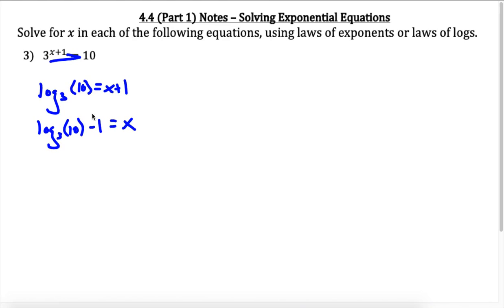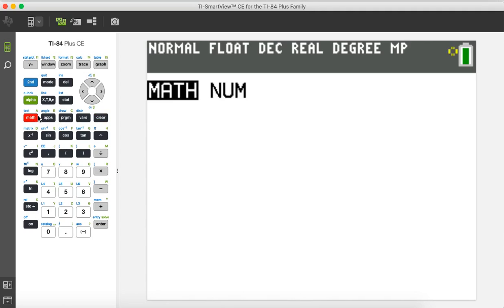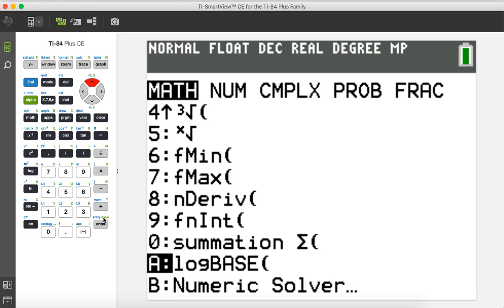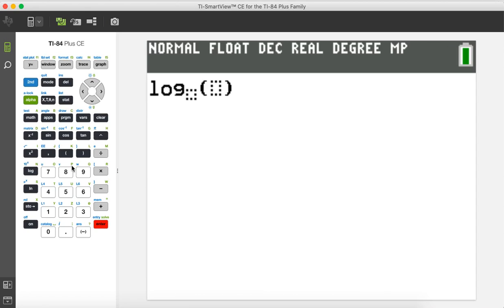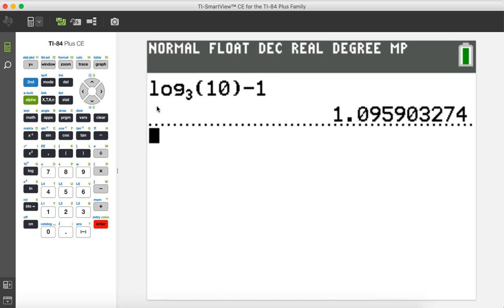Now make sure that we understand that that minus 1 is on the outside of the log. Okay, this would not be the same thing as log base 3 of 9. I'm not subtracting this 1 on the inside. That is on the outside of the log. So we can put that into the calculator. And remember, if you go to math, log base, you can put in log base 3 of 10 minus 1, and we'll get 1.096.